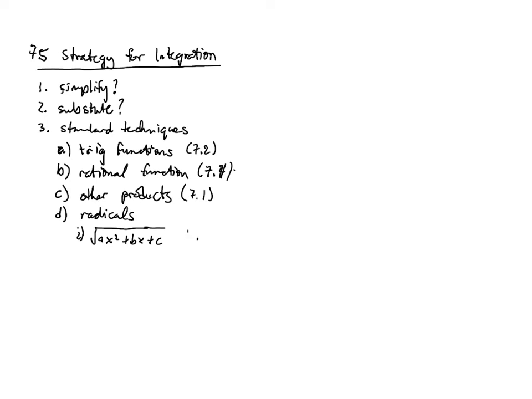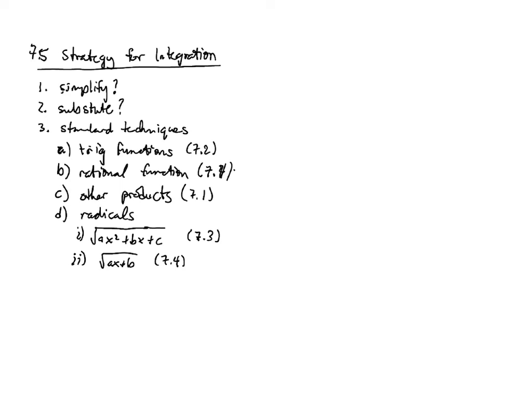Right, and so those are the techniques from section 7.3. Or if you have something simpler, like the square root of ax plus b, then you would try a rationalizing substitution as was discussed in section 7.4.